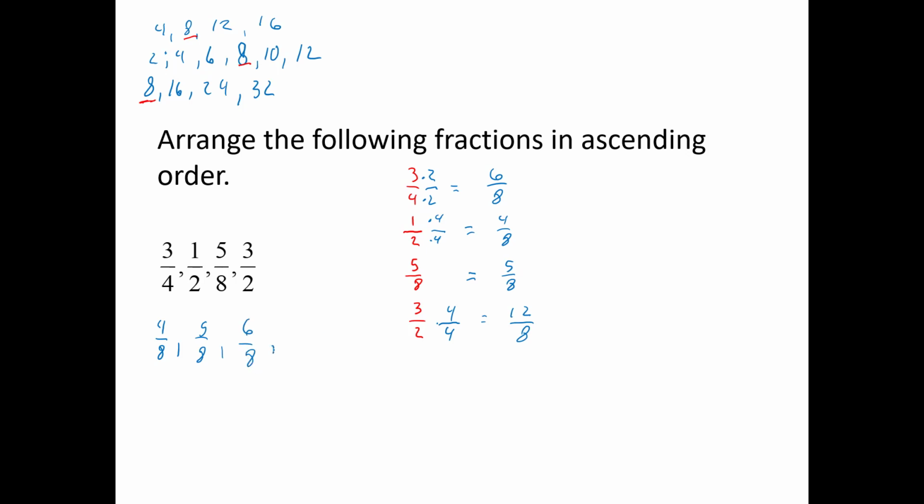And then finally 12/8. 4/8 was the same thing as 1/2. 5/8 was already there. 6/8 was the same thing as 3/4. And then finally 12/8 was the same thing as 3/2. And so there are the fractions written in order, right?